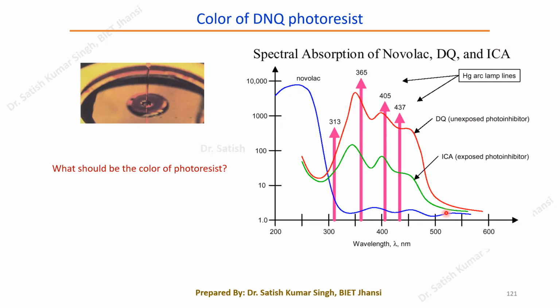As I explained about the different lines, like G line, I line, H line, these are the different spectral lines, at wavelengths of 365 nanometer, 405, 437, and 313.